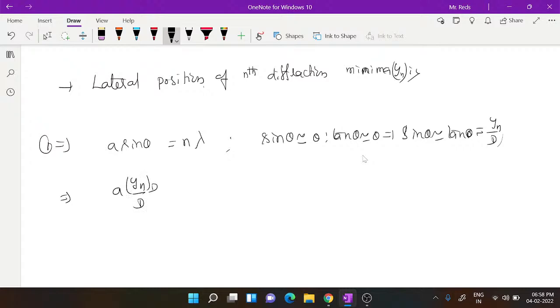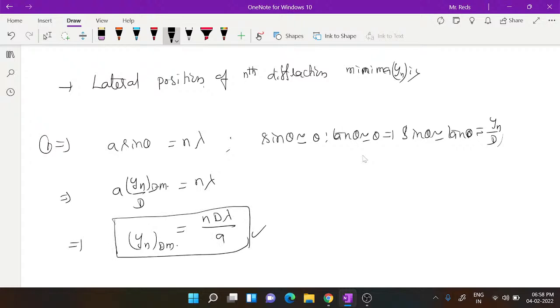That means the nth lateral displacement of nth dark fringe or nth diffraction minima, we can express as yn dm, that is diffraction minima, equal to n D lambda by a. This is a very important relation.